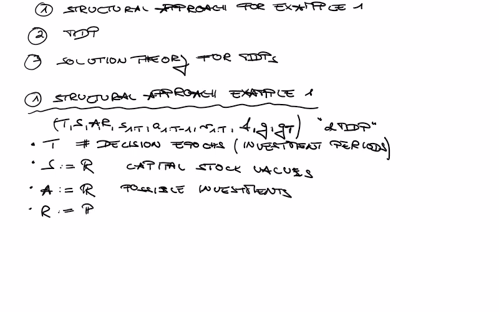The rewards were the net capital stocks. So remember there was this little formula for the net capital stocks, which we will see in a second. And then our state variables S1 to T are modeling the capital stocks.